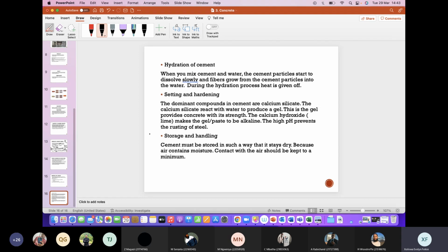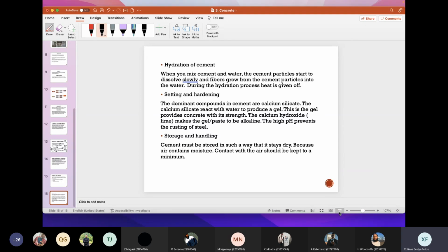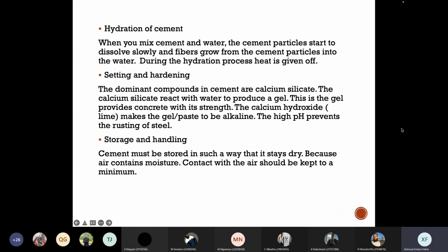So basically what I was saying is there will be different ways to cure concrete, depending on where you are. If you are curing concrete in the lab, it will be different because it's small and you can just put it in water.